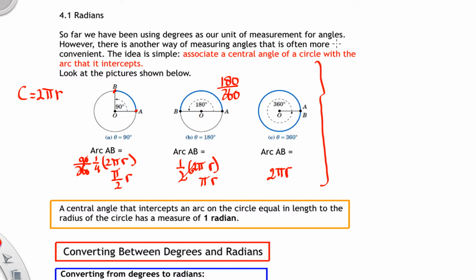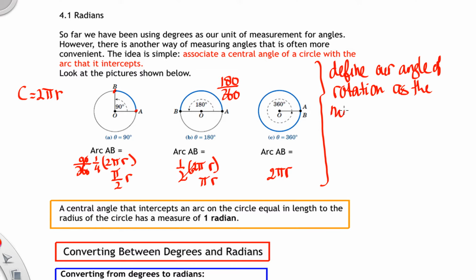What we're going to do is define our angle of rotation as the number of radii it intercepts on the outside of the circle.